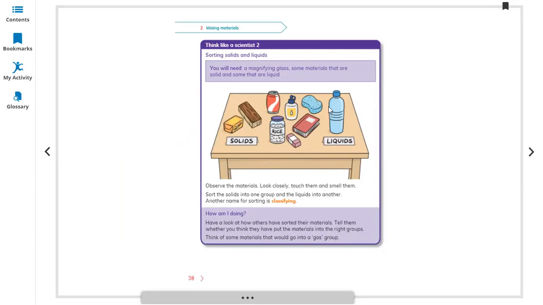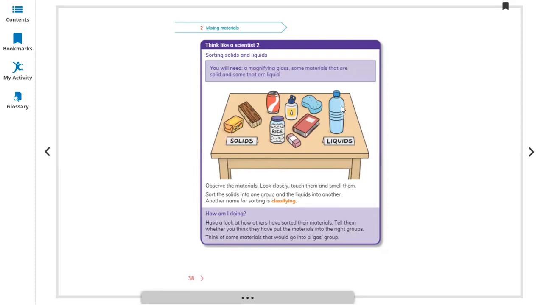There are some things on the table, some materials that are solid and some that are liquid. Observe the materials, look closely, touch them and smell them. Sort the solids into one group and the liquids into another group. Simple. Solids are like the wood piece, the can, different things.